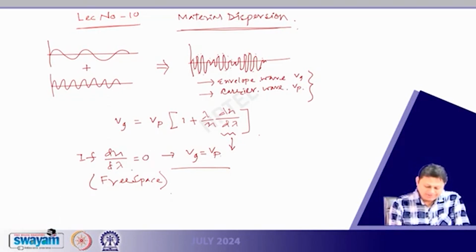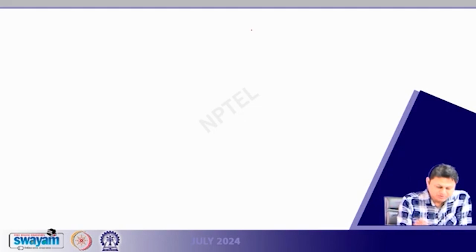But how this n depends on lambda is an important question, and that is called dispersion, rather material dispersion. So let me now study what is the meaning of this material dispersion.